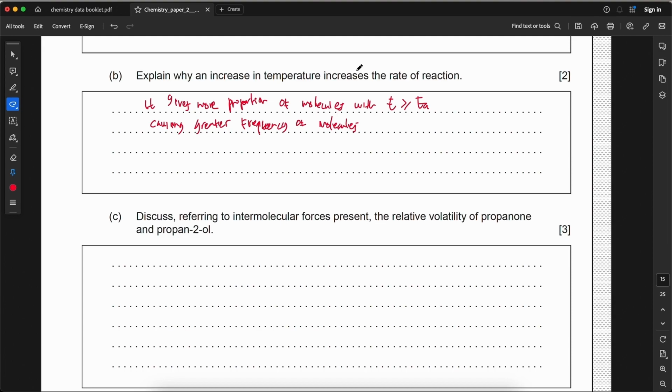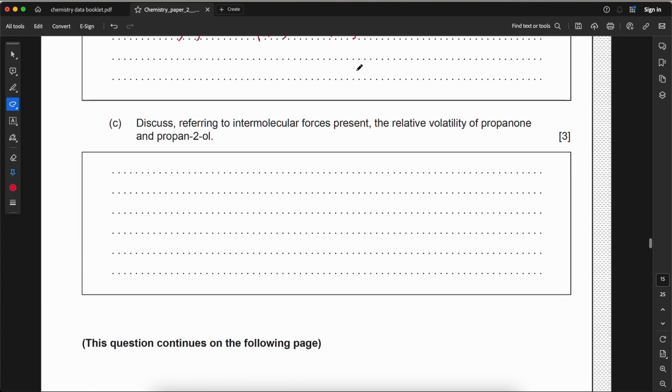Discuss, referring to intermolecular forces present, the relative volatility of propanone and propan-2-ol. For propanone, as you can see the structure, it has C double bond O, but for propan-2-ol, CH3, CH, CH3, and OH.